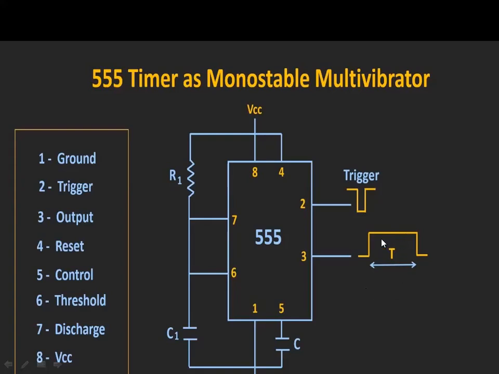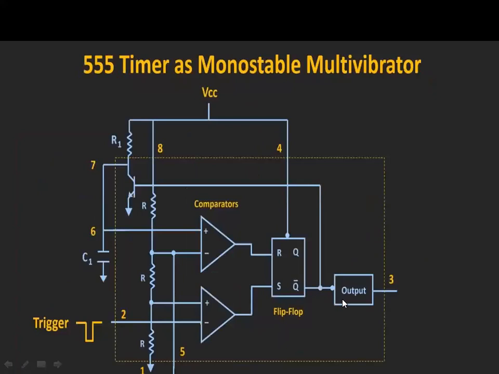The time period of that quasi-stable state depends upon the components we have used here, R1 and C1, the time constant components. So by adjusting R1 and C1, we can adjust the time period of the output signal.